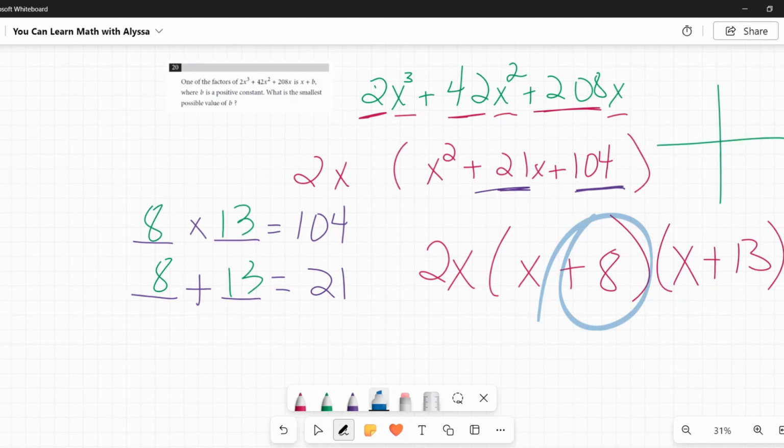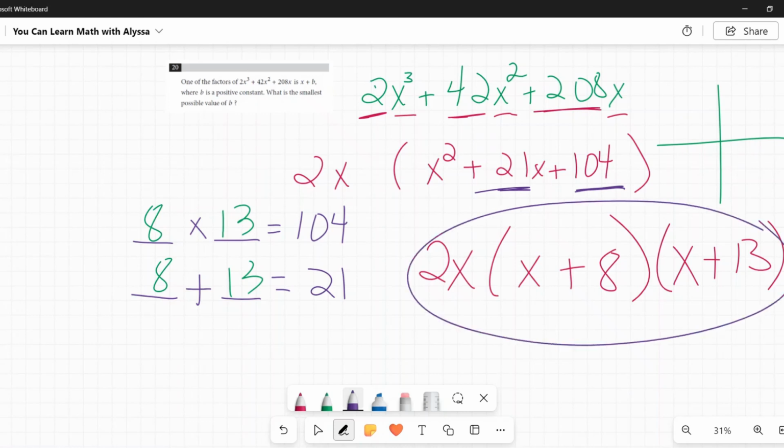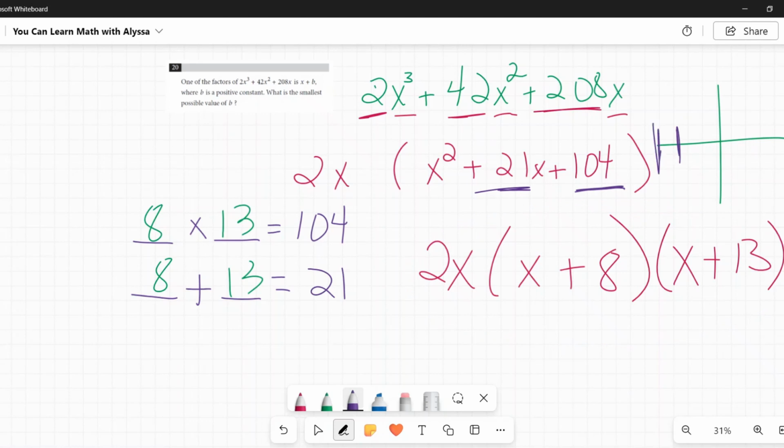But please be careful with that. Make sure you fully understand what's going on there, because it's going to be the opposite. What I mean by that is this particular graph right here is going to cross at -8 and -13, not +8 or +13. So if someone just defaults to going to their graph and goes, I'm going to graph and find it that way, that's going to be super easy.